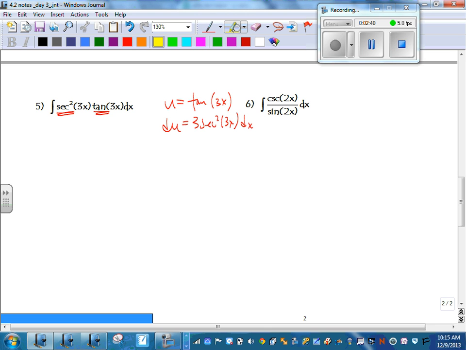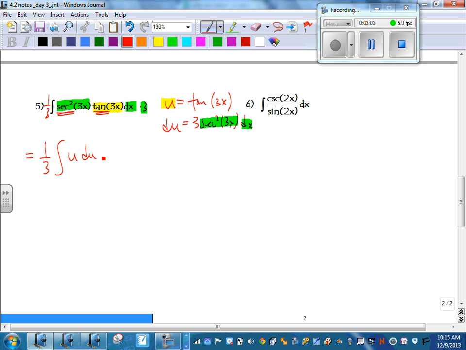So now, tangent of 3x, that's going to become our u. We have a secant squared of 3x. We've got the dx. We're missing the 3. So if we multiply the inside by 3, outside by 1/3, now we have everything we need for the du part. We have 1/3 times antiderivative of u du.